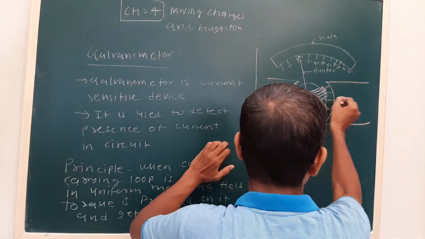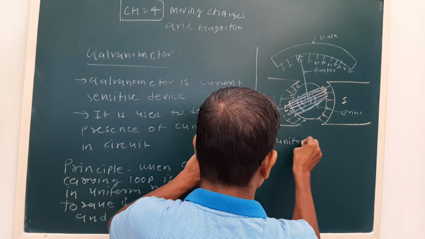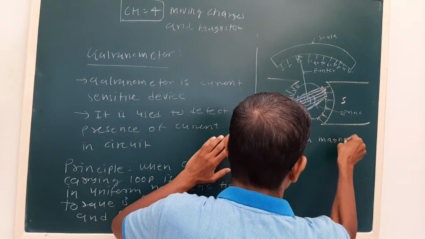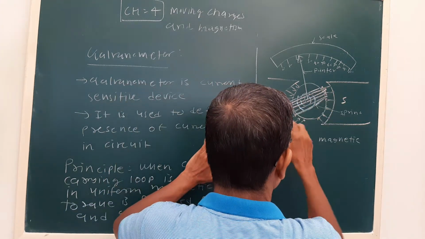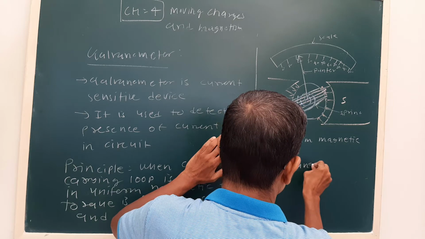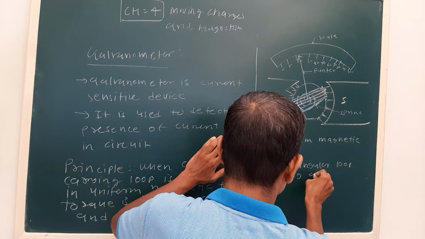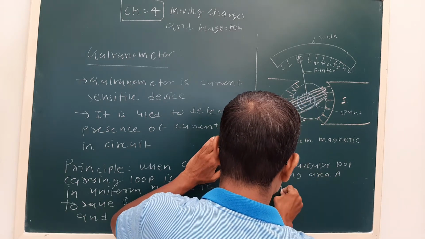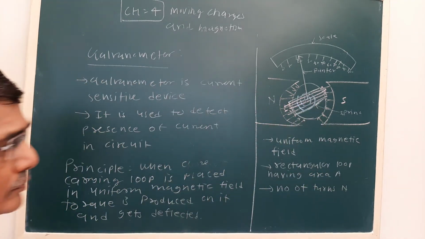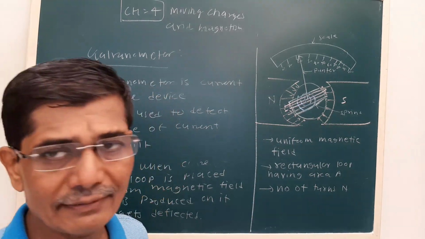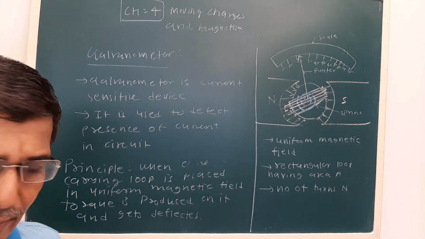Now, let us say the magnetic field is B, uniform field B. Now see a rectangular loop having area A, number of turns n, is placed in such a way that the area vector and the magnetic field become normal to it, so torque will be maximum.